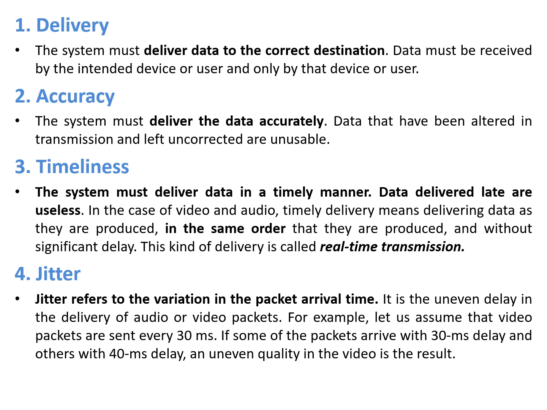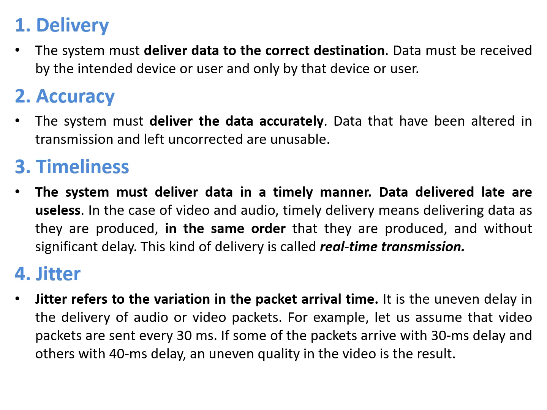To begin, first is delivery. Whenever we are sending data from one station to another station, the communication system must deliver data to the correct destination. If the data is received by the intended device, the right destination, then only can you consider that the delivery of the information has been done to the right destination.